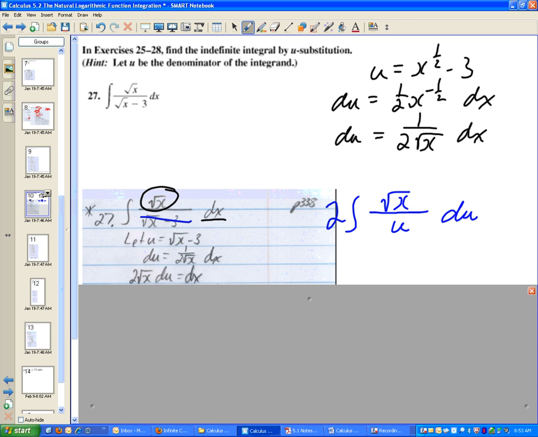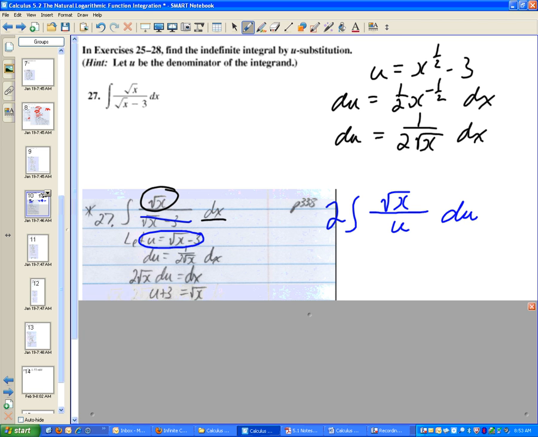But wait, what can I replace the square root of x with? Go back to right there, add 3 to both sides. And does that give you that u plus 3 equals the square root of x? Don't even solve it for x. Isn't it the square root of x that I'm trying to replace? So, replace that square root of x with u plus 3.